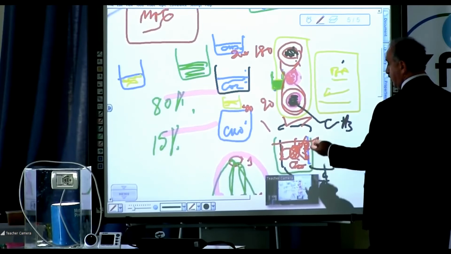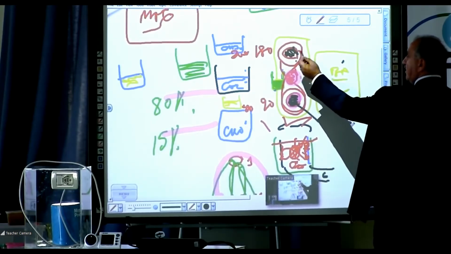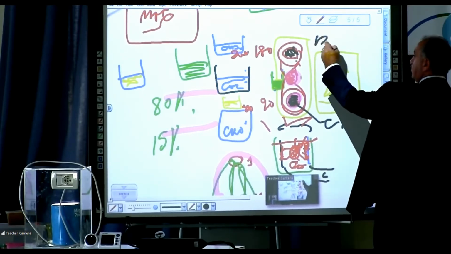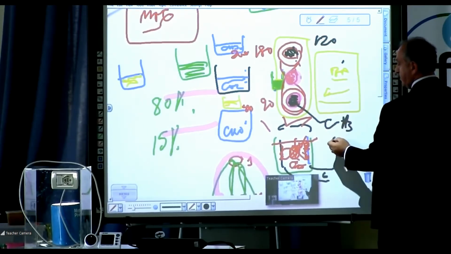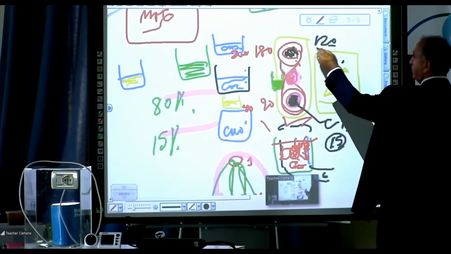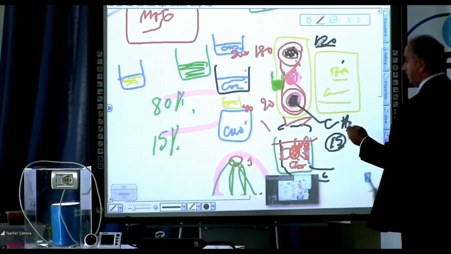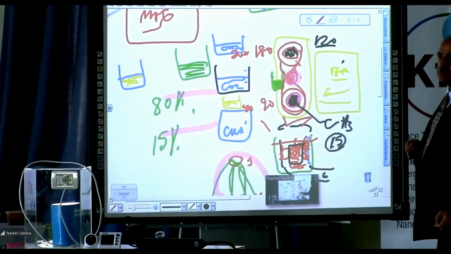You can go lower, but you don't have access to it. Then, if this one is, for example, 120, you see the difference. 15 to 120. Then look what a spectrum of materials you can produce.